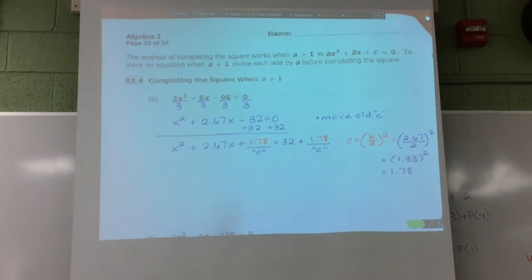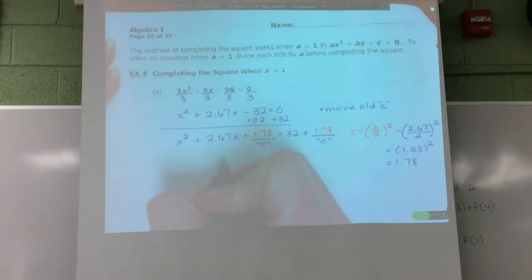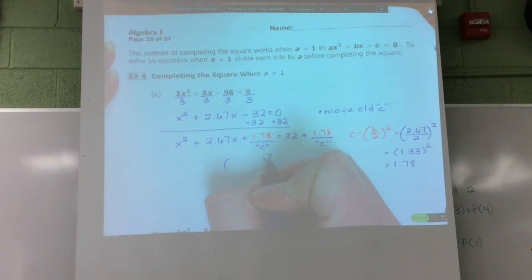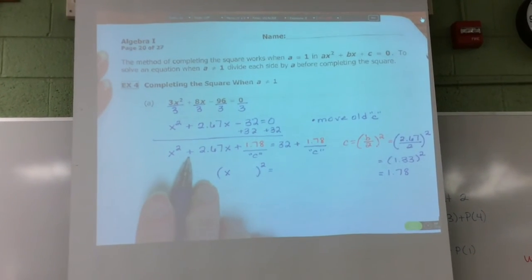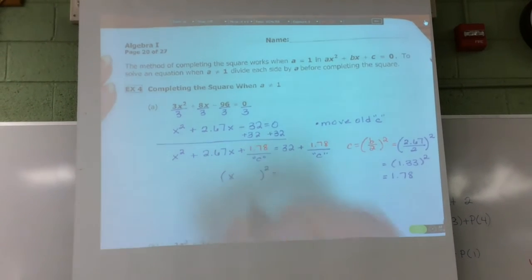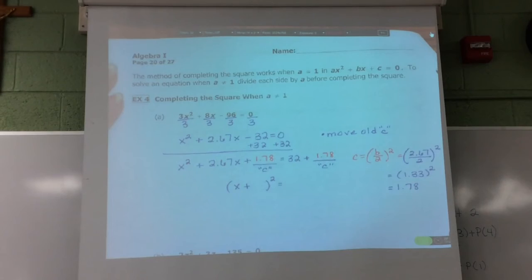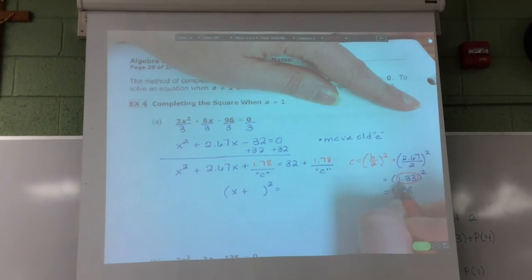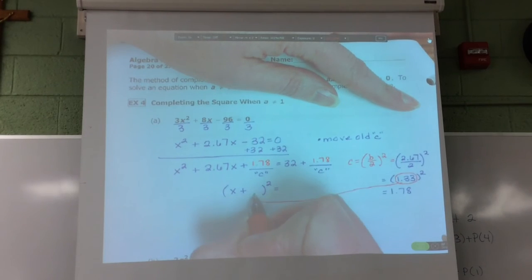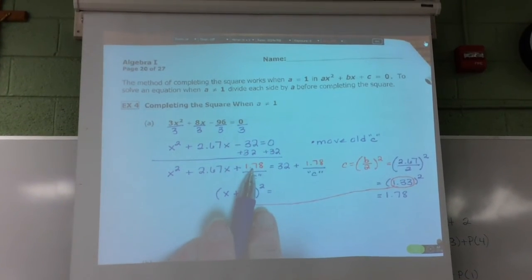1.78. Okay. Okay, here's what you've got to do. Go to this side, and we need to write it like this. We put an x here. The sign that's in front of B goes right here. And guess what? The number that goes right here is this guy, which actually is the square root of 1.78.